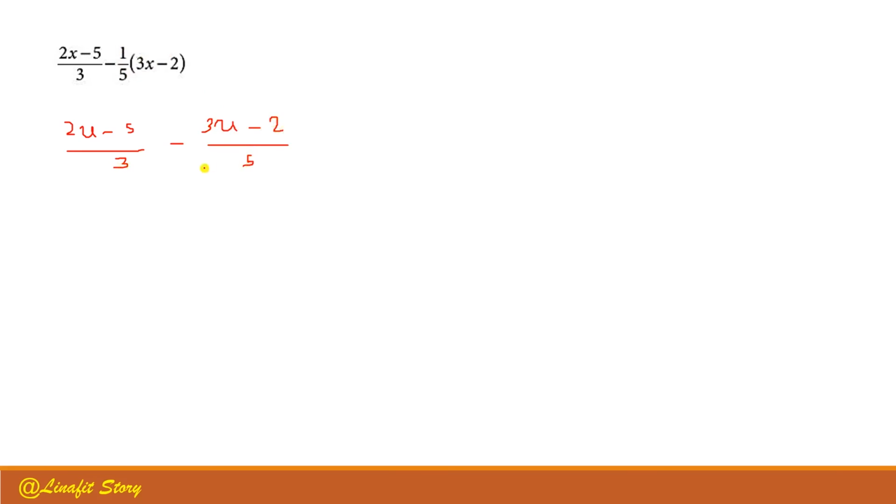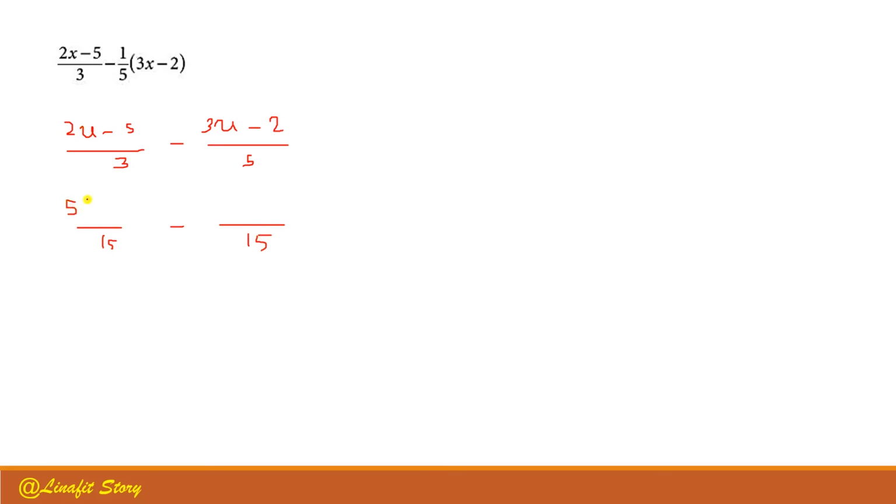This is out of 3, this is out of 5. So we will convert to equivalent fractions. The denominator becomes out of 15. Three times how many is equal to 15? 3 times 5. Do the same to the top.